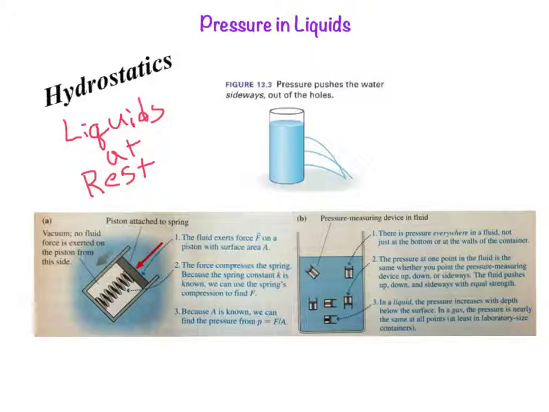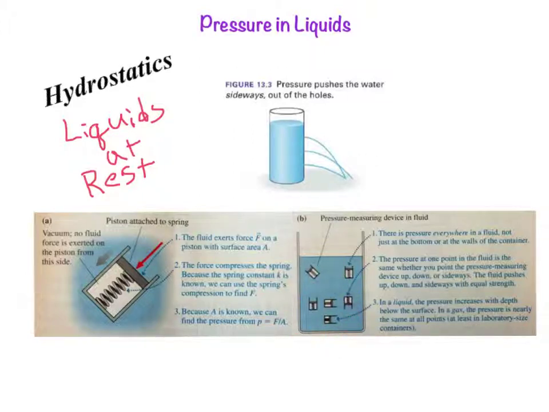So once we've built such a device, we can put it into various liquids and gases to learn about pressure. When we do that, the fluid exerts a force on that piston with that known surface area. The force compresses that spring, and because we know that spring constant, and because that area is known, we can use the pressure equation to figure out the pressure.